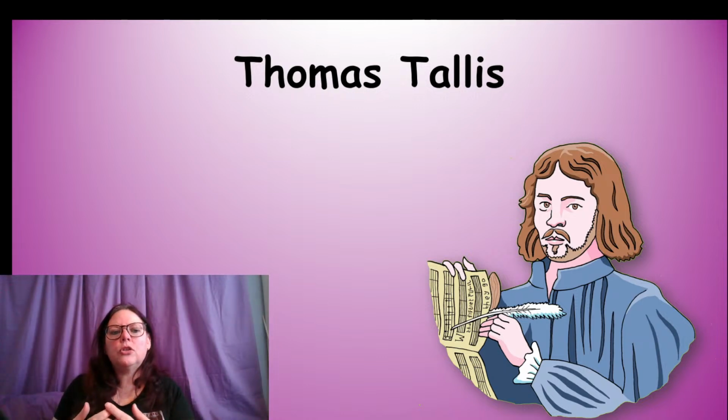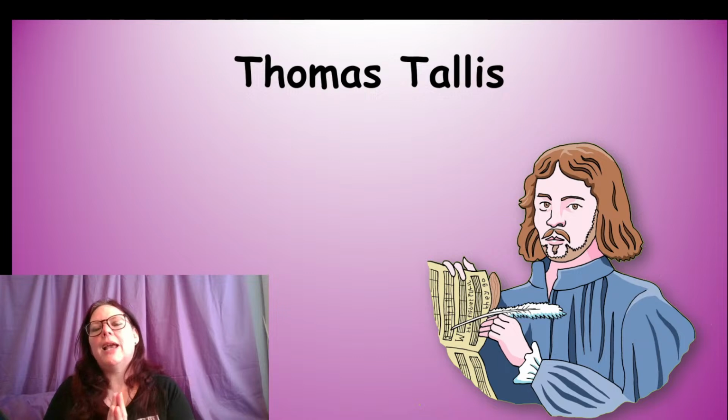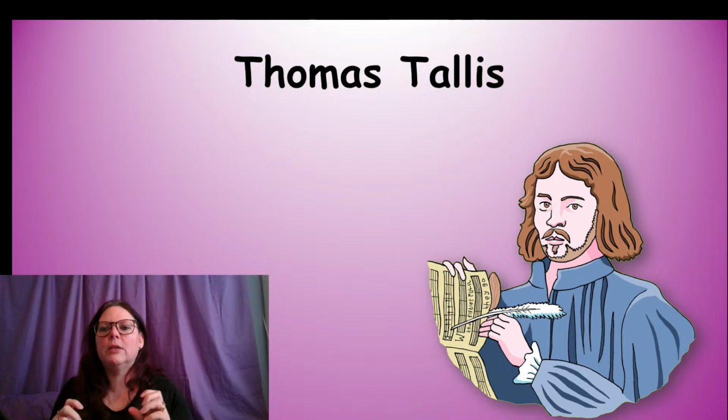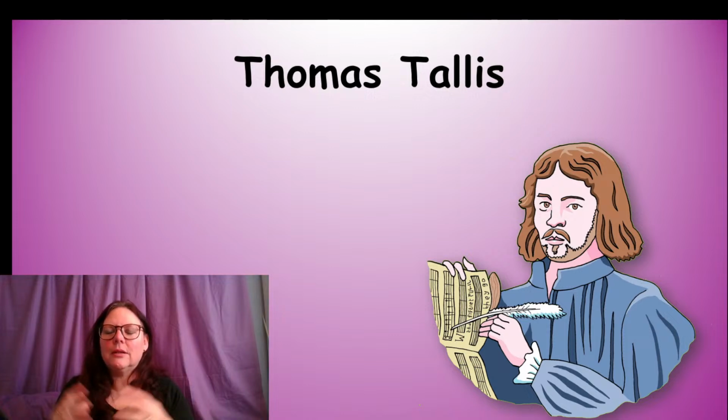And most of his music was composed to be used in church. He wrote a Latin motet. This is probably one of his most famous pieces of music, called Spem in Alium. And it's got 40 parts. Just absorb that. 40 parts.